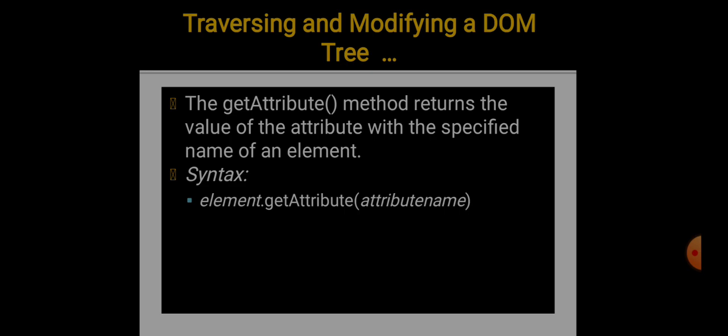To execute all these functions, first we need to find the element. For that, we can use getElementById, which returns the reference of this particular element. Then that reference dot getAttribute can be called. Hope it is clear.